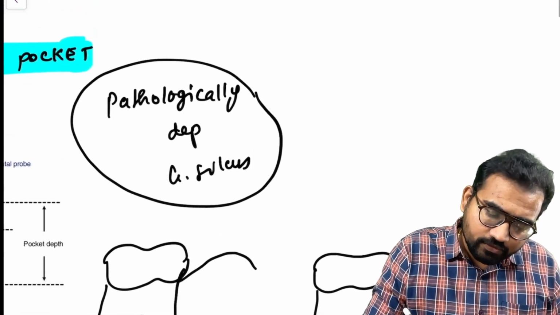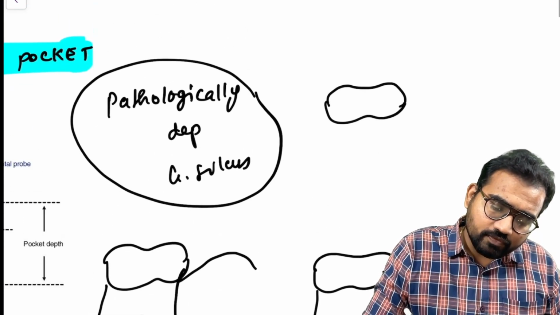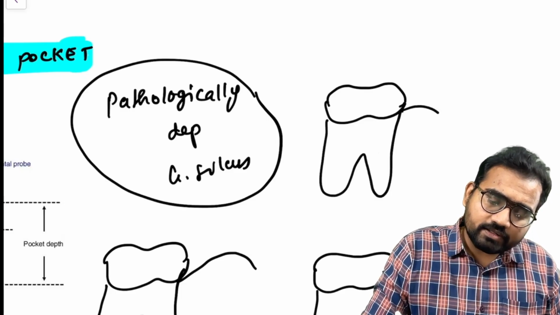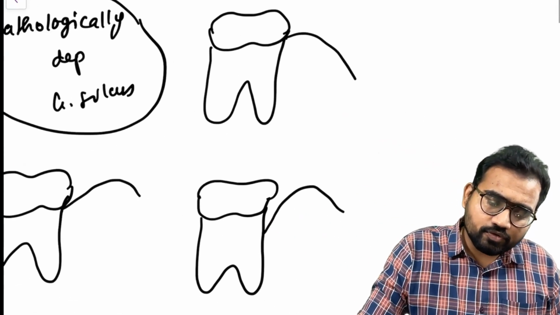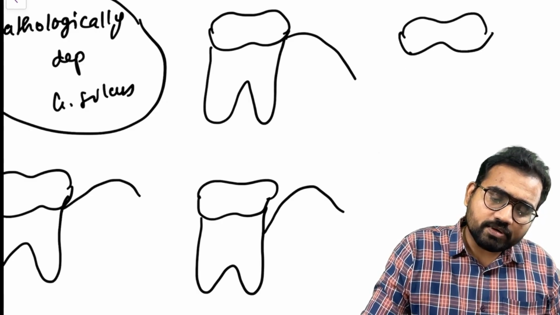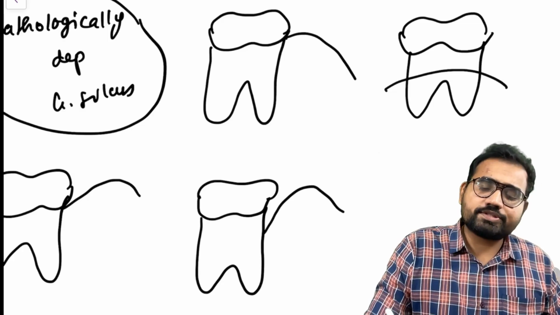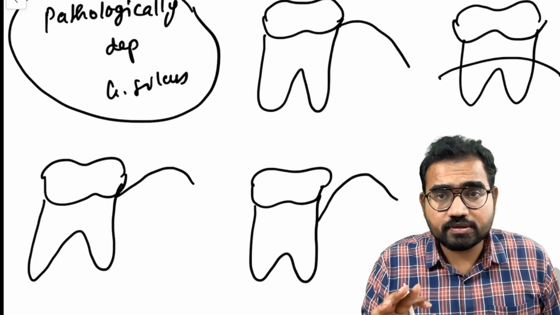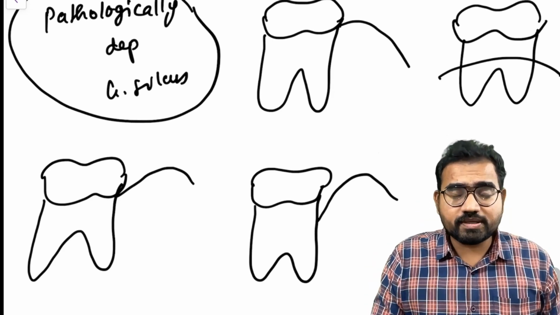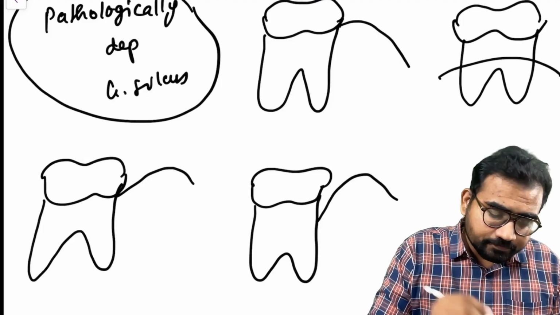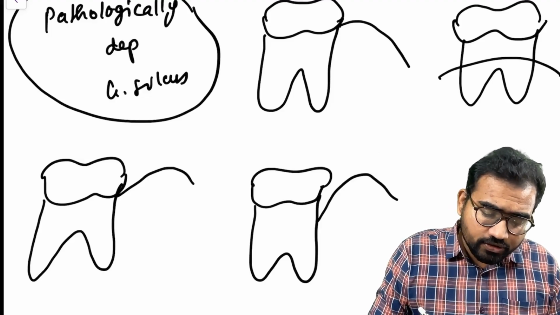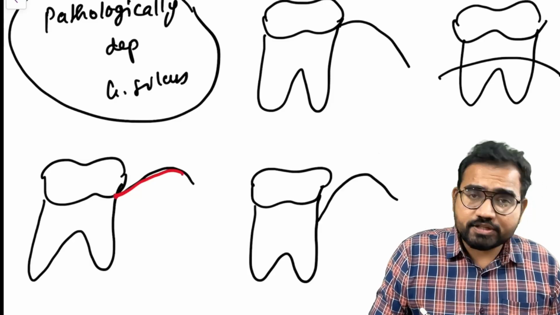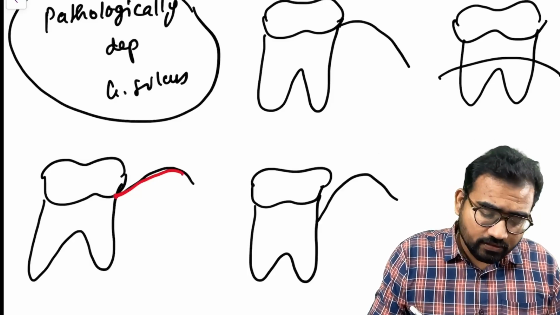Third, the gingival margin is at the level of the CEJ, and fourth, the gingival margin is apical to the level of the CEJ. I have explained all these in the basic tissues video, so you can go and watch that. This is just a quick recap. If the gingival margin is coronal to the CEJ and the attachment is at the level of the CEJ, then the CAL will be 0.